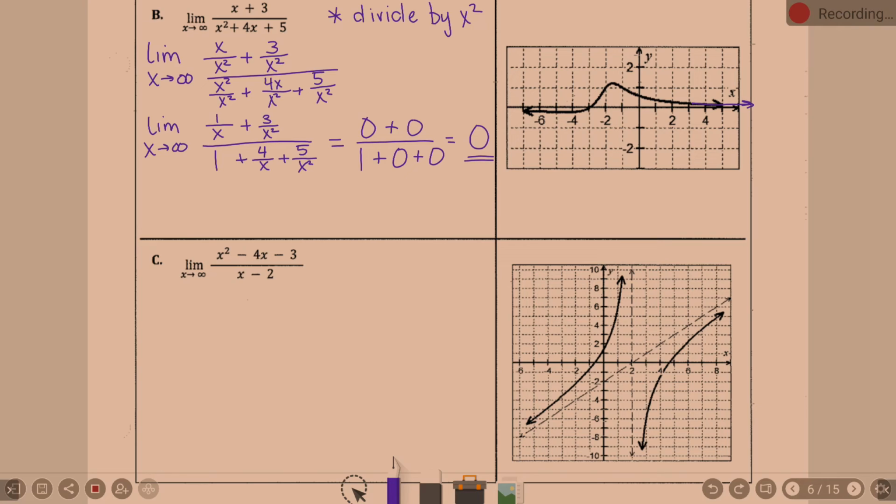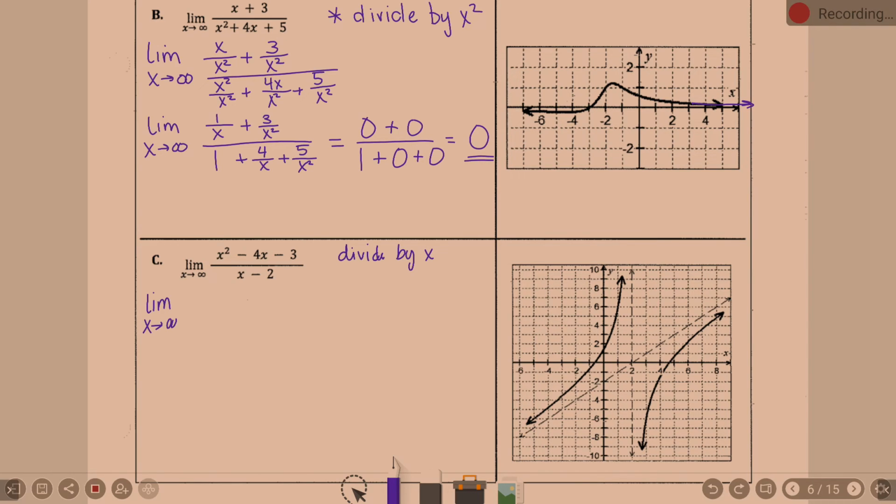If we go with what we've been doing, we're going to divide by x. Why are we just dividing by x? Okay, so the limit as x approaches infinity, x squared divided by x is x.